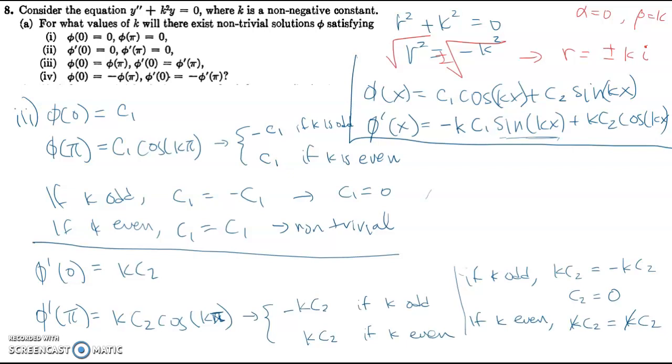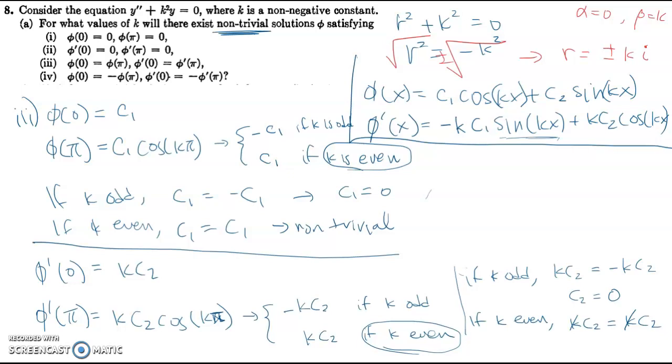All right, so for this reason, because our direction says our answer must be non-trivial, we're going to have to stick with k being even for both of our cases. So our answer is going to be that k is even.